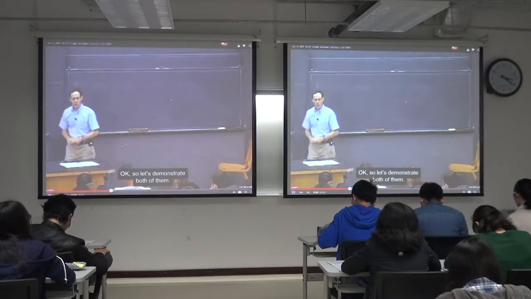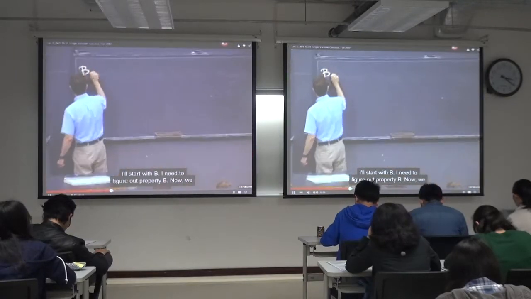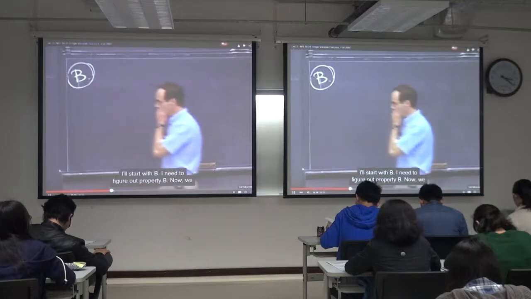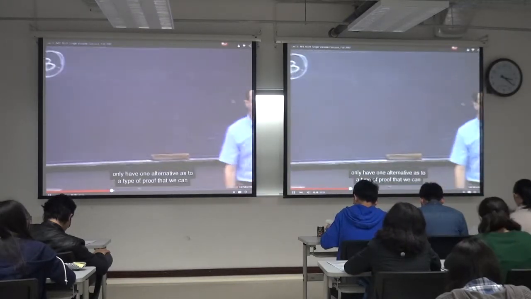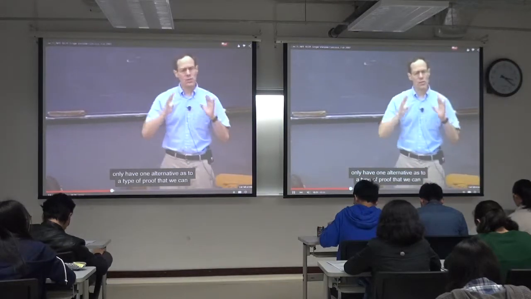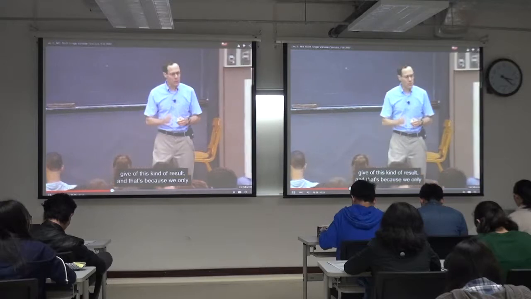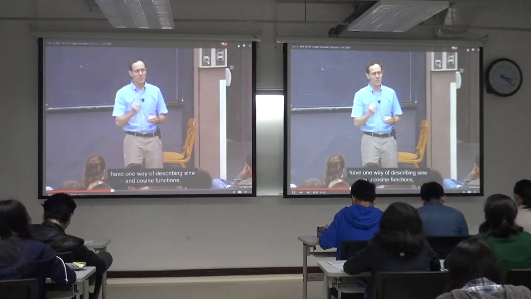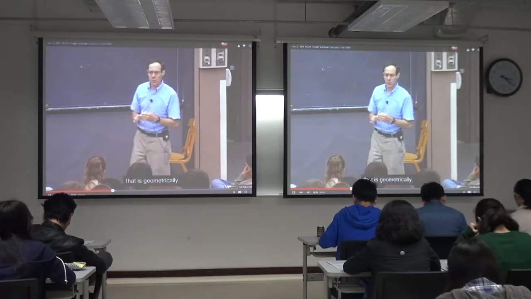Okay, so let's demonstrate both of them. I'll start with B. So I need to figure out property B. Now, we only have one alternative as to a type of proof that we can get with this kind of result, and that's because we only have one way of describing sine and cosine functions. That is geometrical.